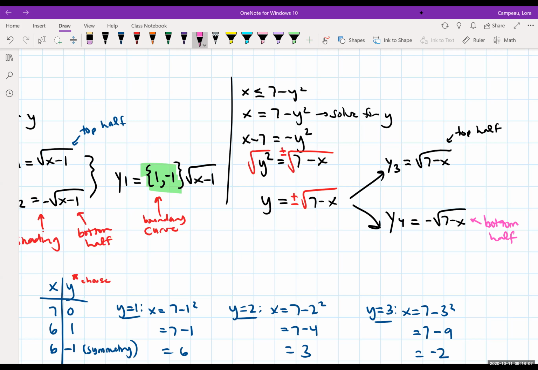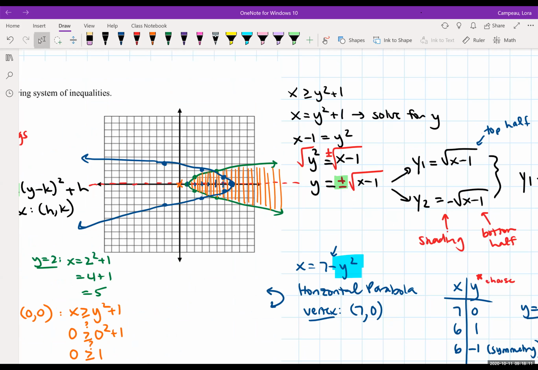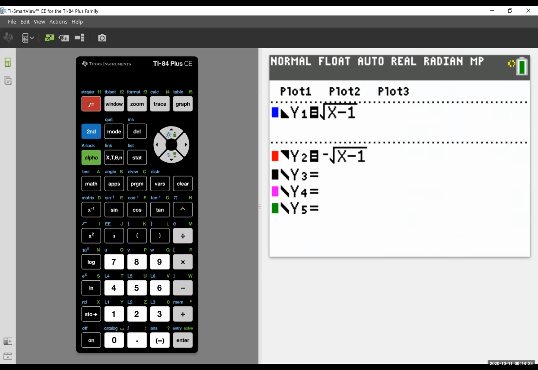So let's just verify. Remember, we're just trying to see, yeah, is it opening up to the left? Does it look about right according to our other curve? We're going to switch over. And again, you don't have to do this. I'm just doing this for purposes of exploring using our TI. I'll press y equals.